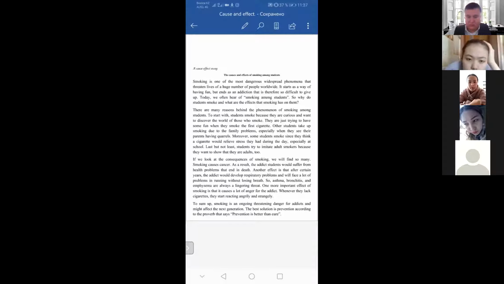One more important effect of smoking is that it causes a lot of anger for the addict. Whenever they light cigarettes, they start reacting angrily and strangely. To sum up, smoking is an ongoing threatening danger for addicts and might affect the next generation. The best solution is prevention, according to the proverb that says prevention is better than cure.